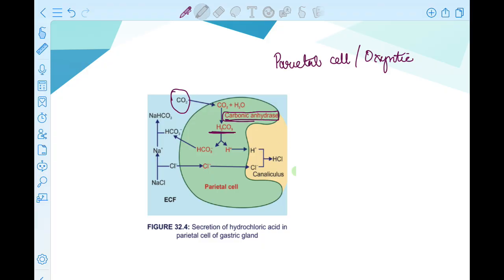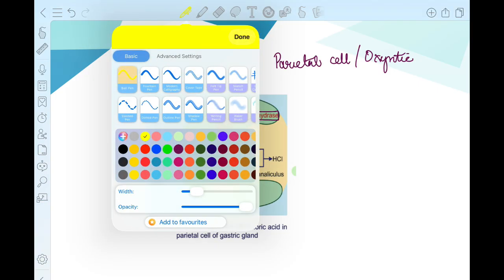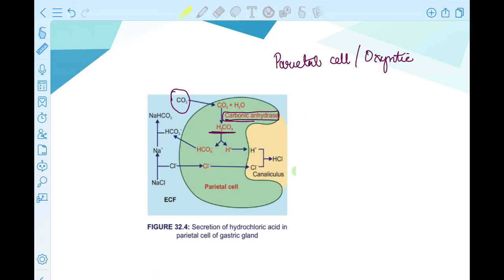Can you appreciate the way in which this entire process is going? From here it goes like this, comes here, then goes out, then comes in and goes out again. So this is the pathway.